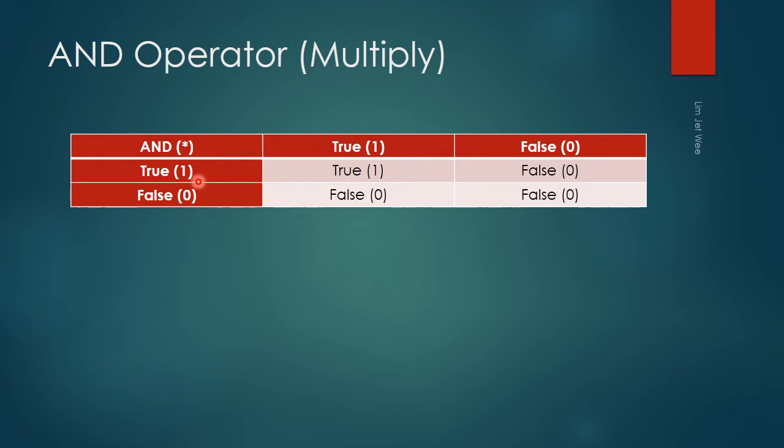Well, true is 1, false is 0. So the only way you can get a 1 is 1 multiply 1. Whenever you have 1 multiply 0 or 0 multiply 0, you get 0. So you get false.